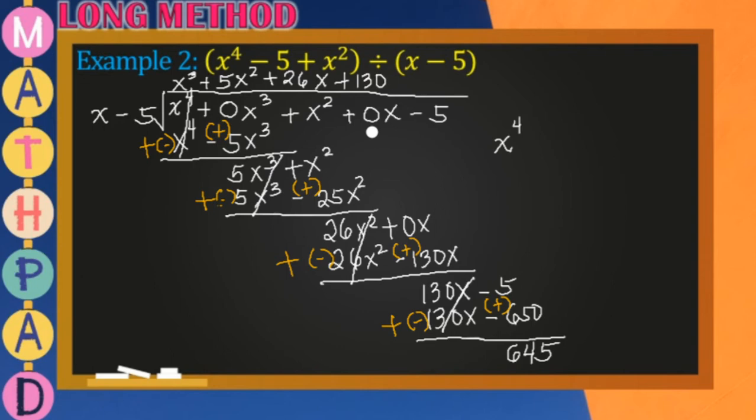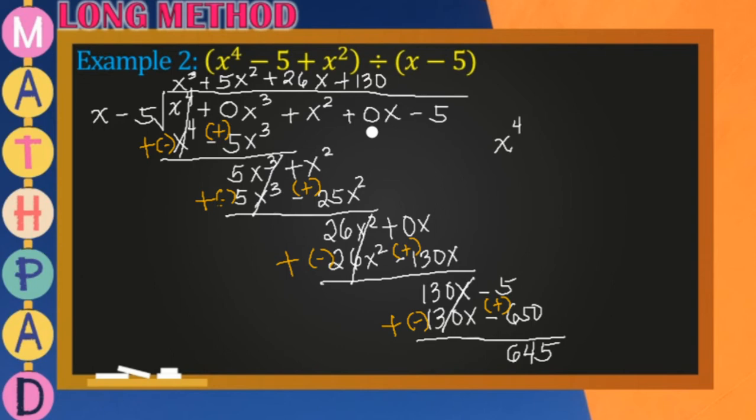So, mas maganda kung dito nyo siya isusulat, no, sa katabi. But since kulang tayo ng space, pwede natin gamitin dito. That's equal to, we write our quotient, x cubed plus 5x squared plus 26x, then plus 130.